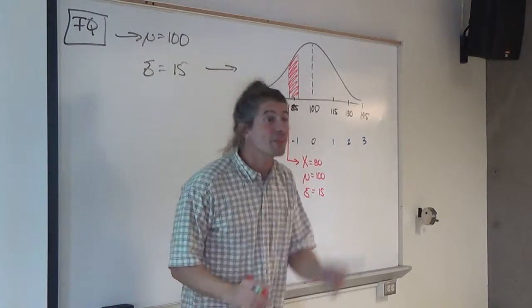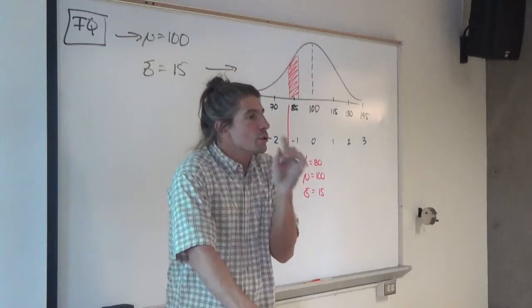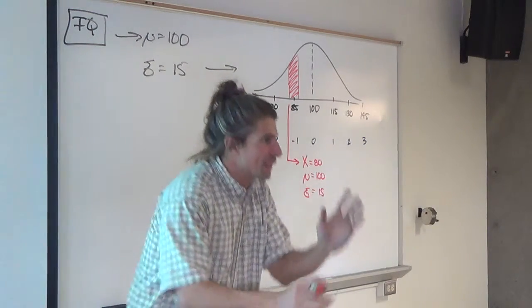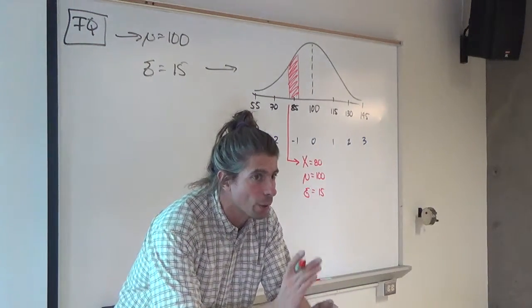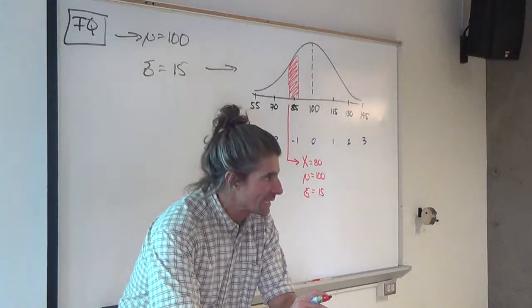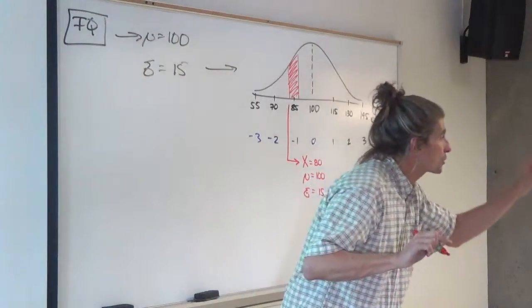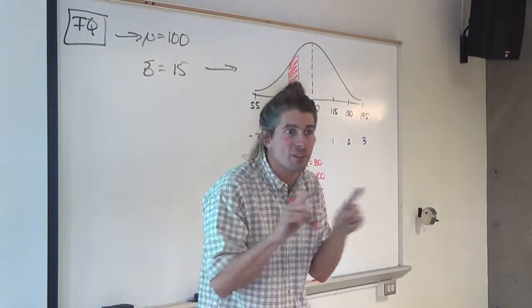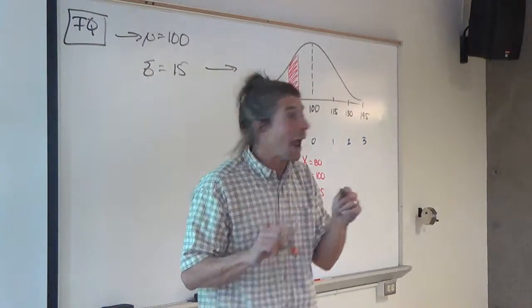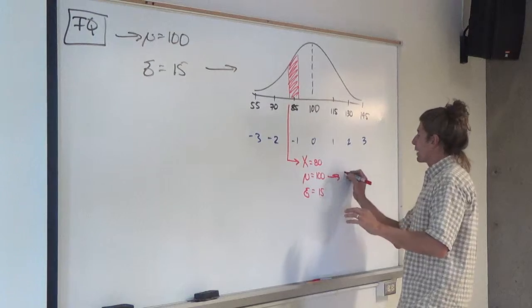That's okay, it's good. This is one of the more important ones, and one of the ones worth learning. When you do 80 minus 100, that just tells us that 80 is 20 points below average. But then you have to ask yourself, is that significant? It depends on what we call significant. If the standard deviation is 15, we now know how many standard deviations below average it is. So converting that, we get its z-score.